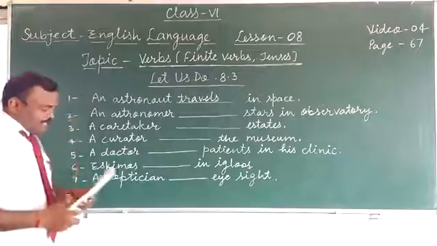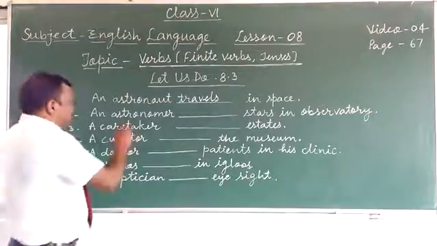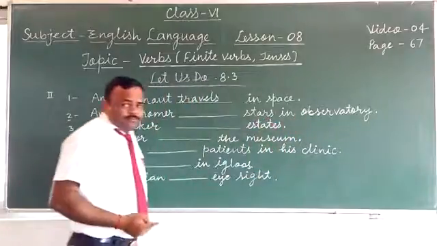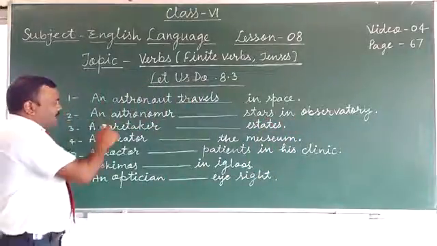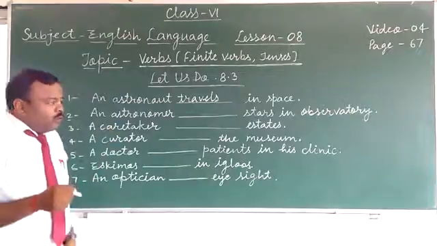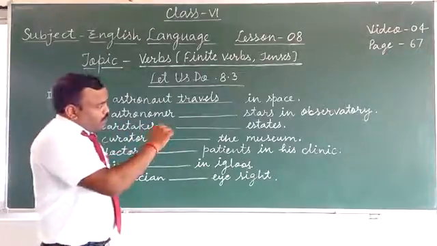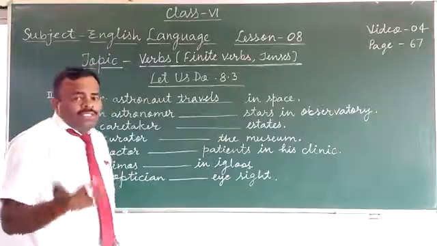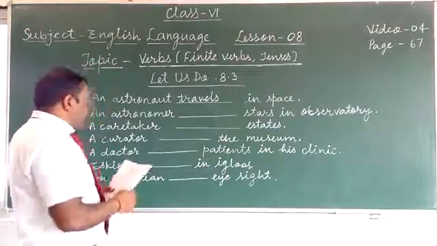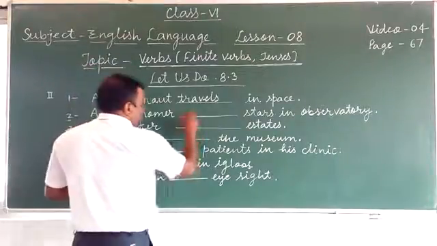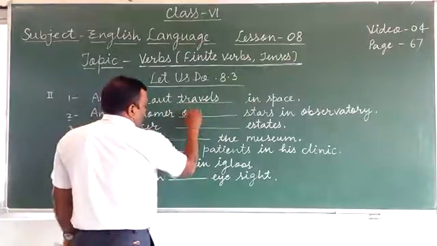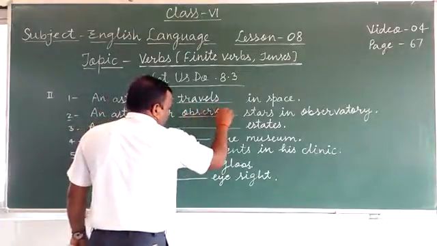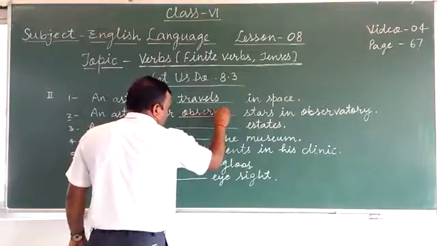Now the second sentence: an astronomer stars in observatory. So what does an astronomer do in observatory? He observes stars. So here the verb will be observe. Observes. We are adding s here.